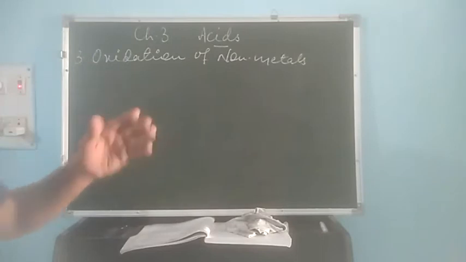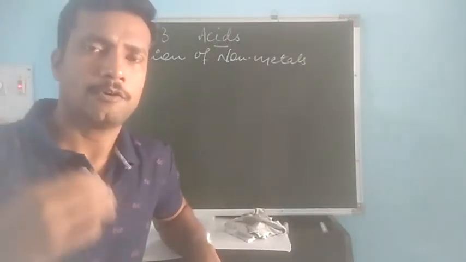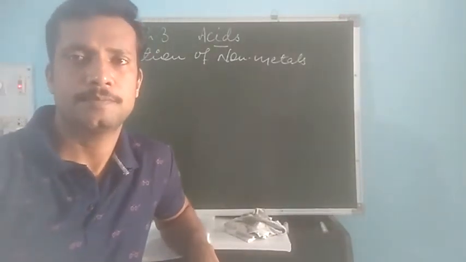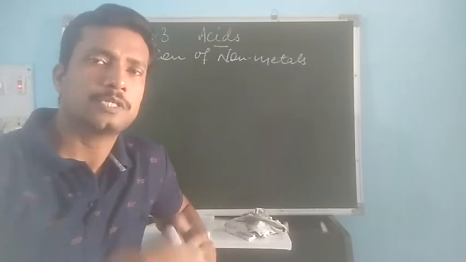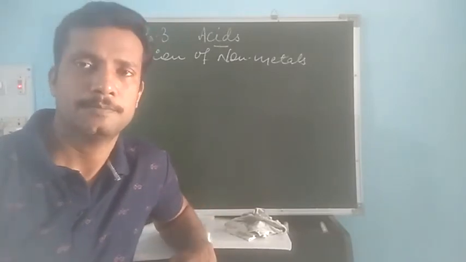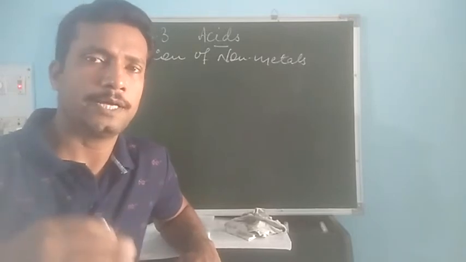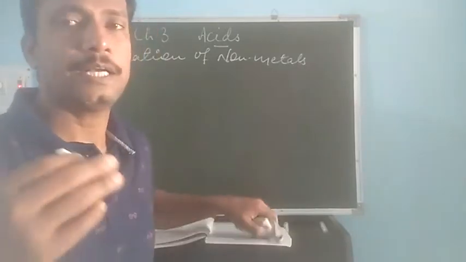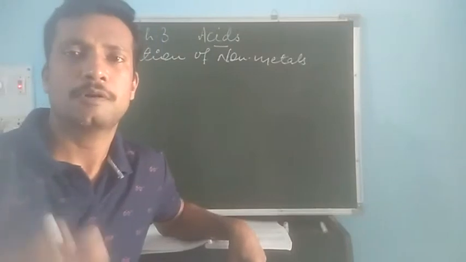There are certain non-metals that can oxidize to give acids. But in order to oxidize these non-metals, we need a strong oxidizing agent. And we know that concentrated nitric acid is a strong oxidizing agent.